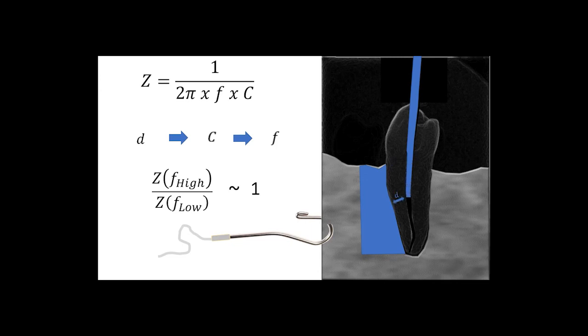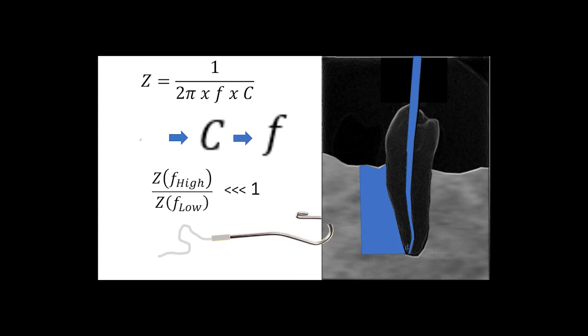Traveling further down the canal decreases that distance further, increasing capacitance and increasing the frequency impact on impedance, it still doesn't begin to make a difference, practically speaking, until the file has come very close to the apex, ideally in the apical constriction. At that point, with the reduced distance, the increased capacitance, and therefore the increased impact of frequency on impedance, we start to notice that the impedance ratio decreases significantly.